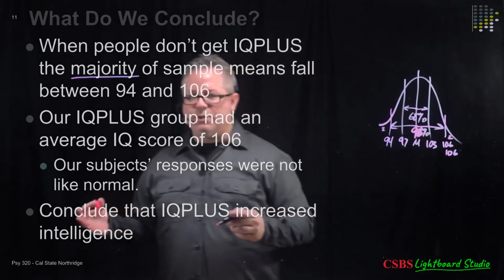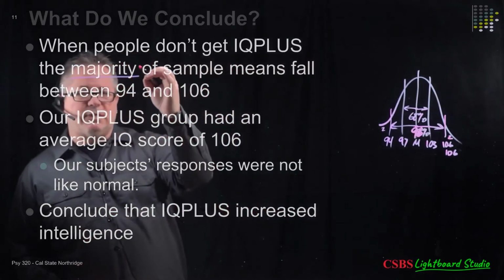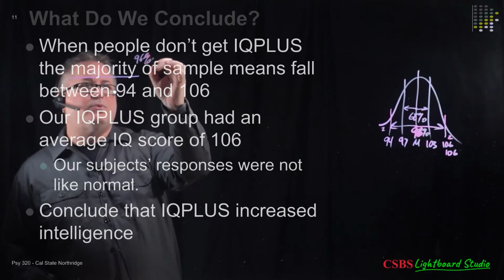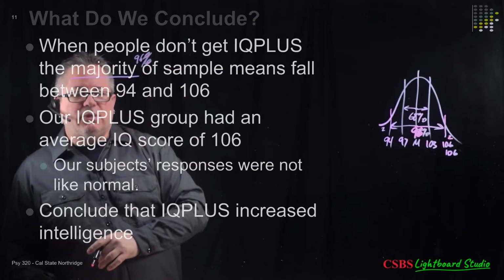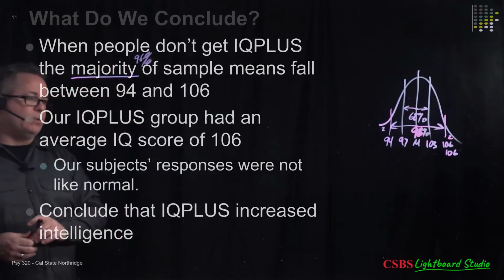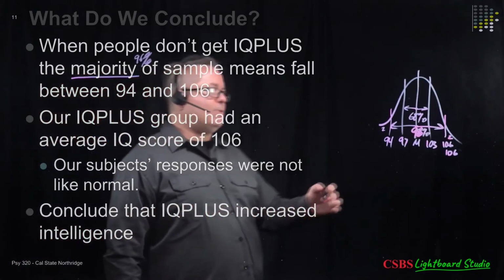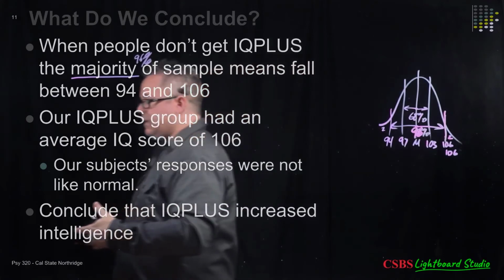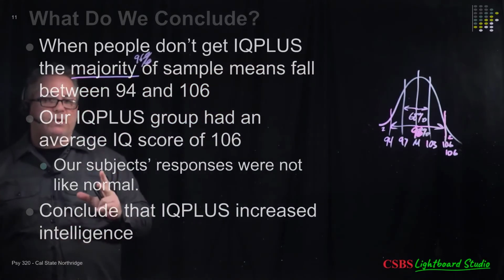So here I'm just being a little bit lazy and saying, look, the majority in this case is that 96% of sample means fall between 94 and 106. So we know that our 106 falls right at the very end of that. How do we generally define majority?